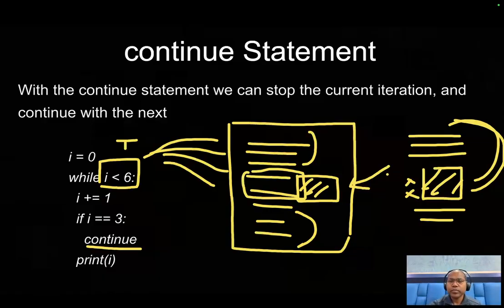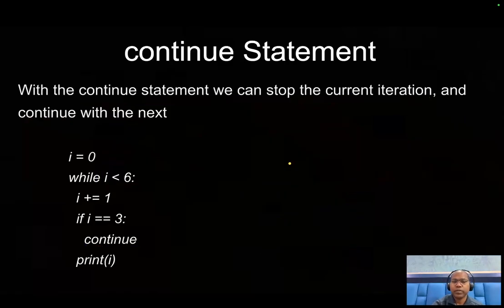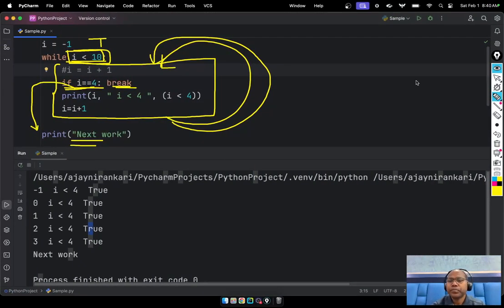Okay. So here, the continue statement can stop the current iteration and continue with the next. So this iteration I want to stop, go to the next iteration, next iteration. So let's see a scenario.